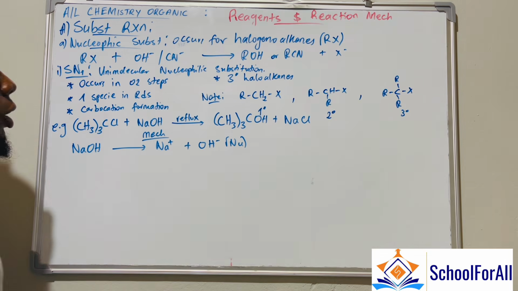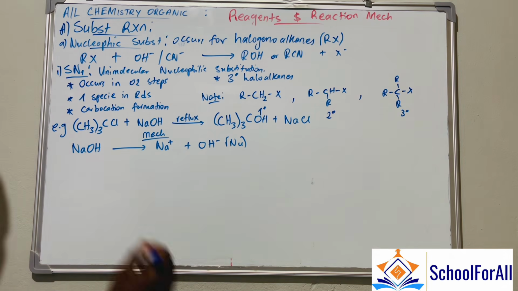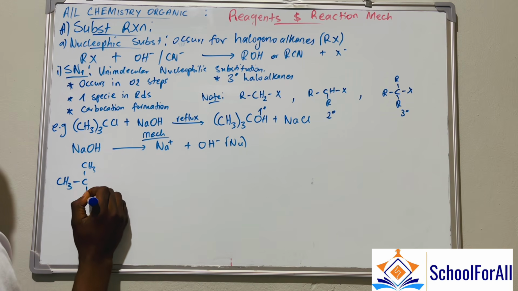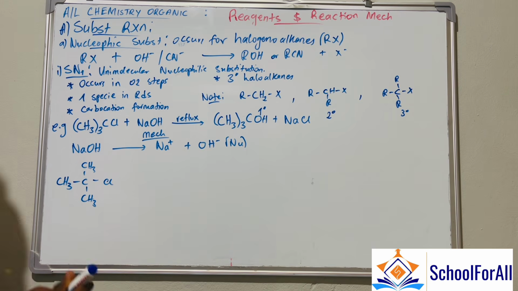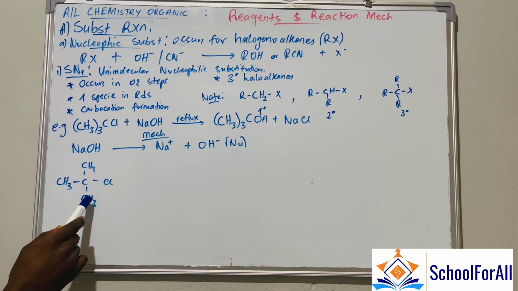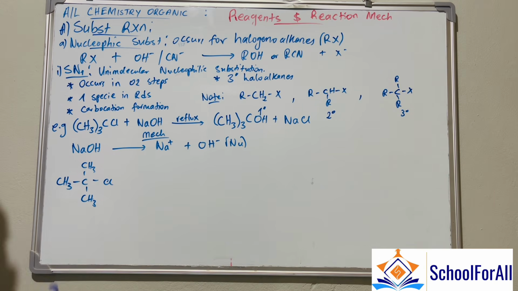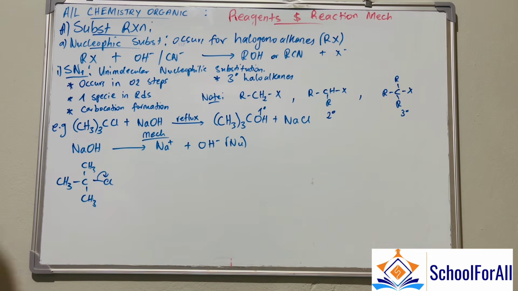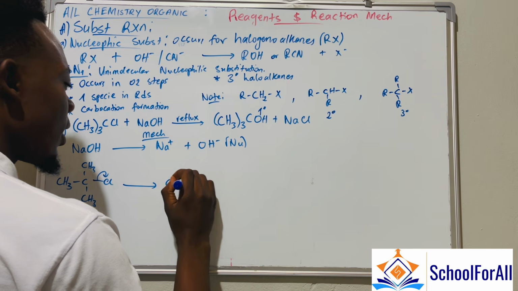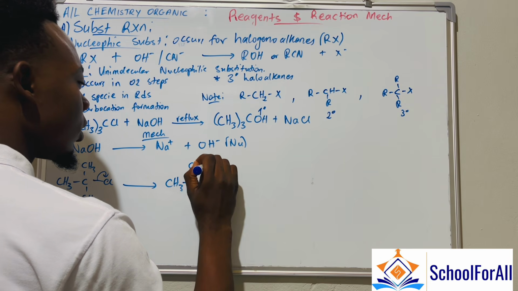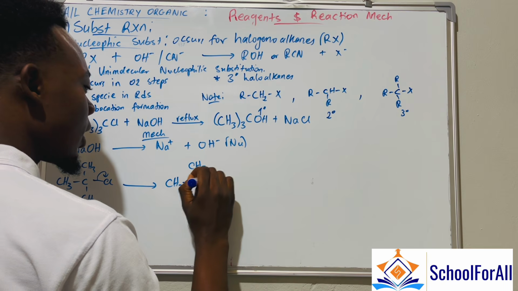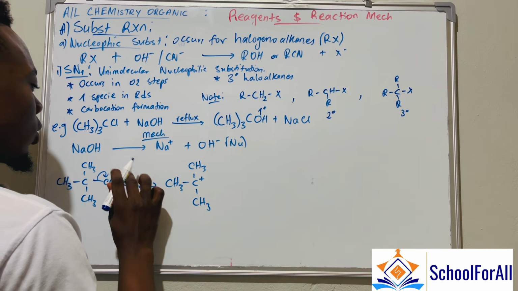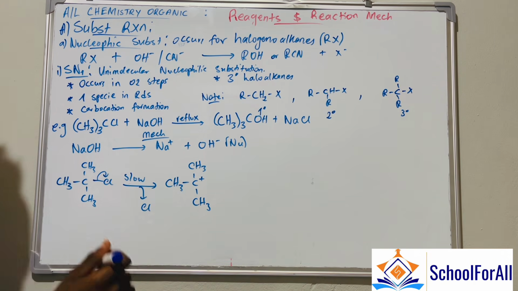Because it is my electron-rich species. Now what happens here is that I will have my organic compound. Due to inductive effect, this carbon is sufficiently supplied with electron donating groups, so this chlorine can easily leave to form my carbocation, which is my slow step.